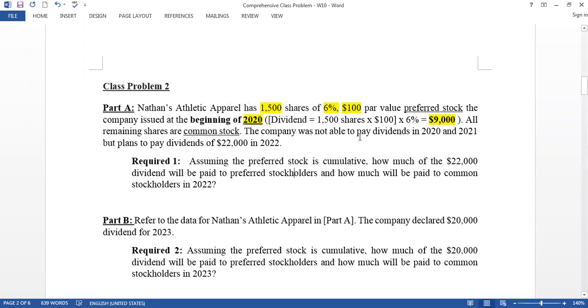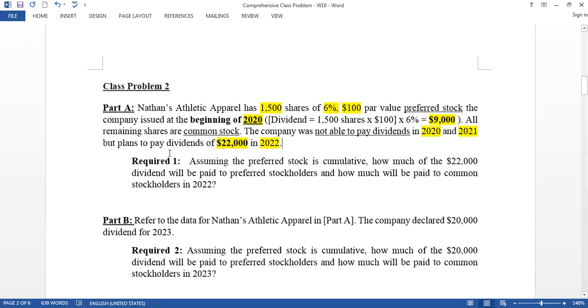The company was not able to pay dividends in 2020 and 2021. You bought it in 2020 and did not receive any dividend; in 2021, you did not receive any dividend. However, in the year 2022, the company declared and paid $22,000 dividend.